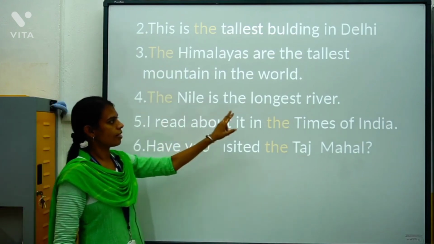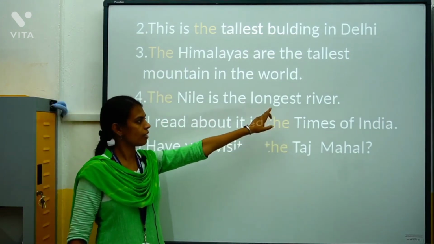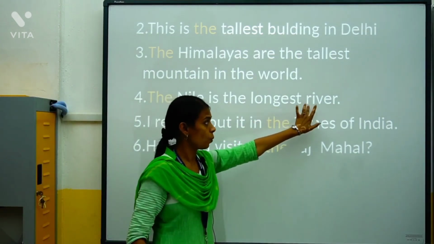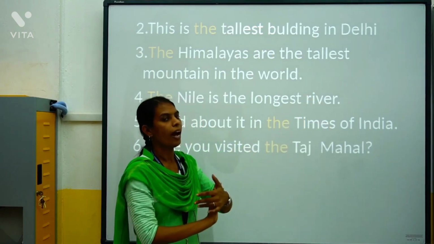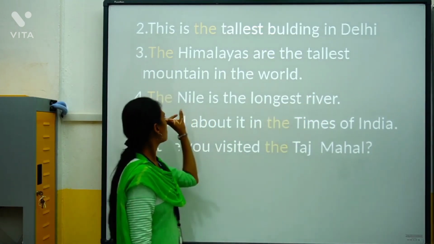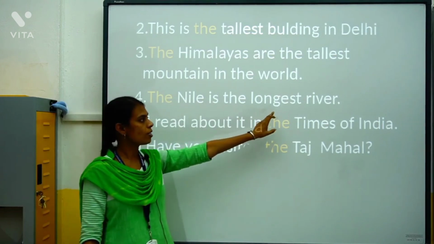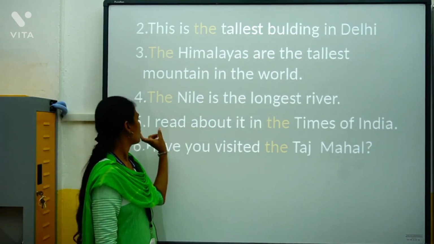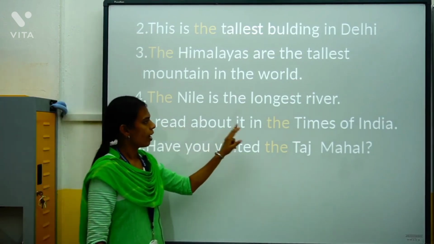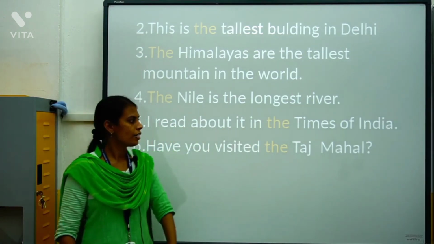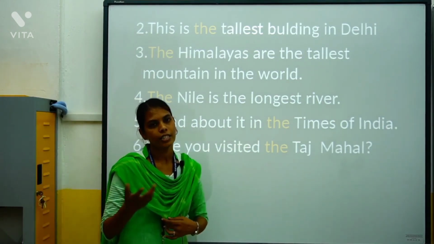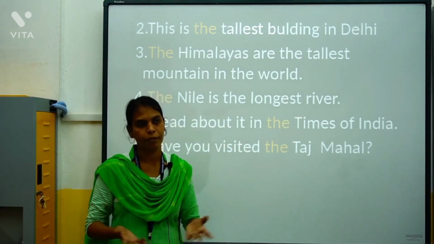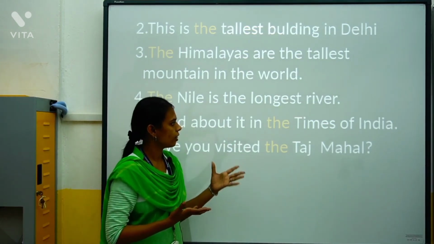The Nile is the longest river. Okay, I told you the rule. It is a rule where we have to add the article "the". So, the Nile is the longest river. I read about it in the Times of India. It's not only the Times of India, it could be a Hindi newspaper or Dinamani, like that.